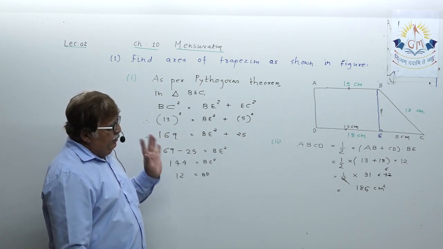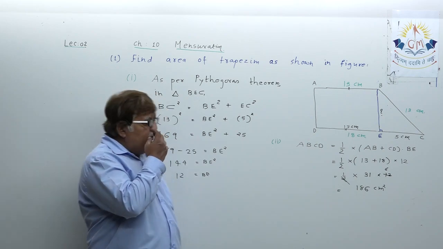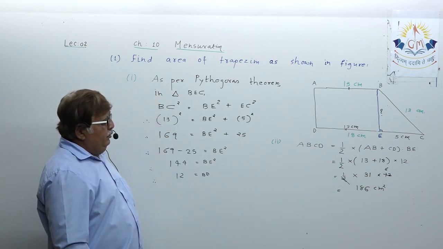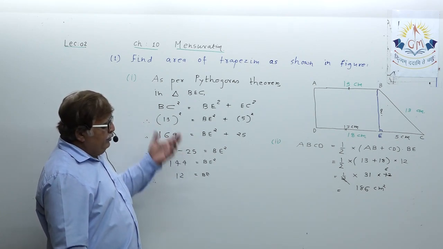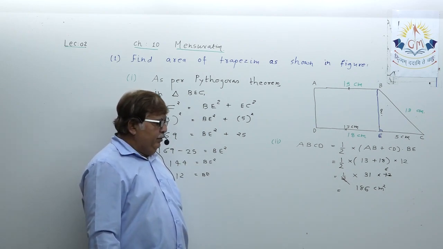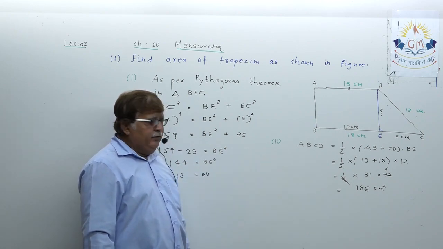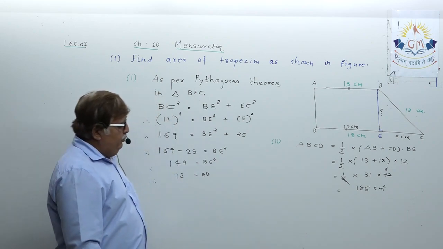Only 2 steps get involved in solving this example: one step to find the distance between the two parallel sides, and another step just to find the area of trapezium. Okay.